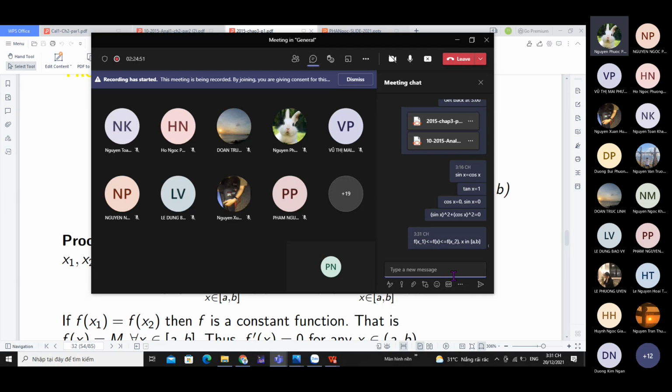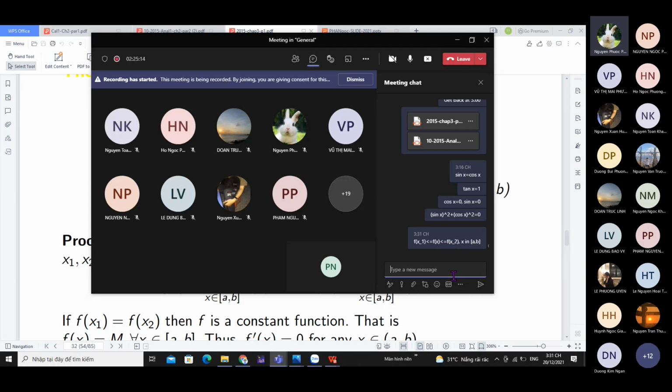So for any x in the closed interval AB, f(x) is greater than or equal to f(x1), because f(x1) is the minimum value. And f(x) is less than or equal to f(x2), because f(x2) is the maximum value. It's clear, for any x in the closed interval AB.